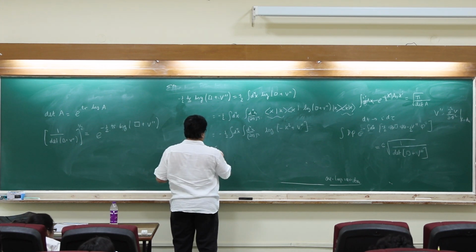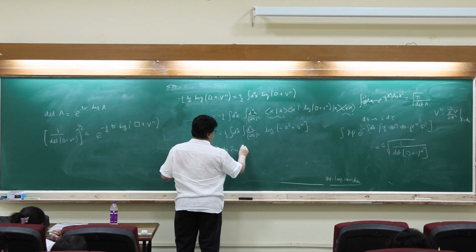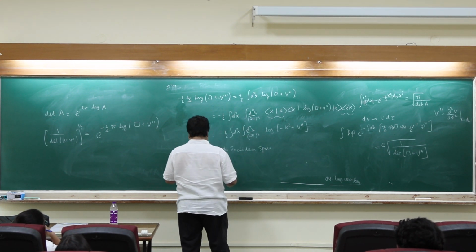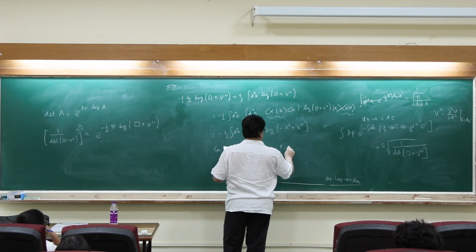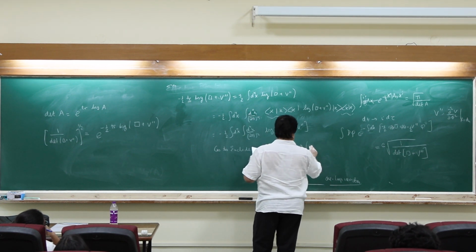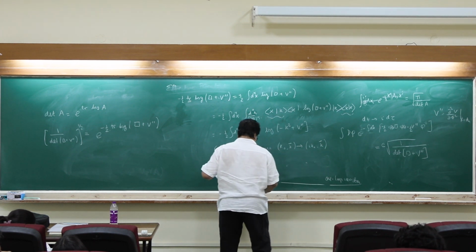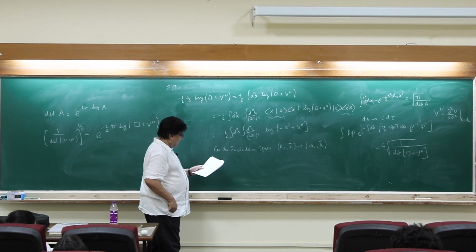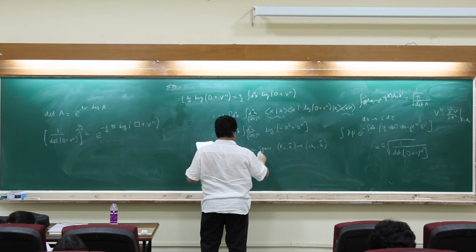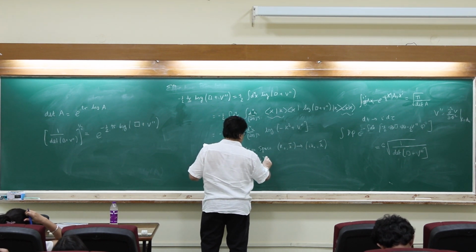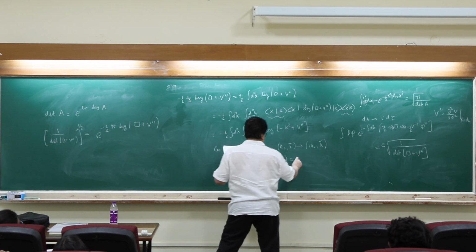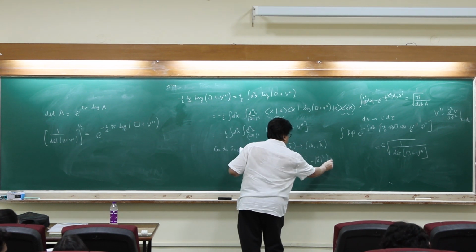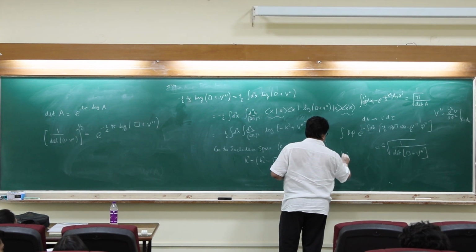Again, go to the Euclidean space. So here basically what you are going to do is k0 will go to ik0, and then this k squared, which was k0 squared minus k vector squared, will go to minus k Euclidean squared.